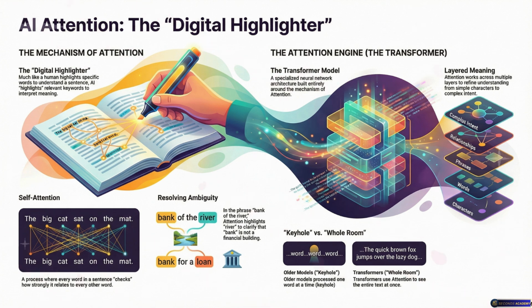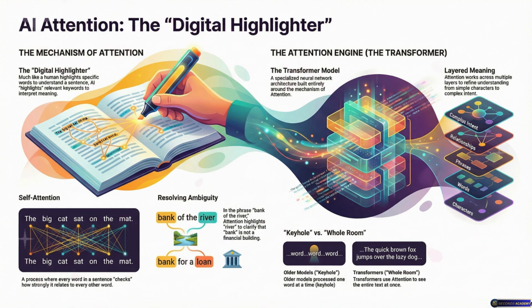As the AI processes the data, it essentially forces each word to ask, how strongly do I relate to the words around me? Okay. So the token for bank mathematically compares its embedding vector to the embedding vectors of the and, crucially, river. And it calculates a high similarity score with river. Right. Which dynamically adjusts the numerical representation of bank for that specific sentence. The token's meaning literally shifts based on its neighbors.